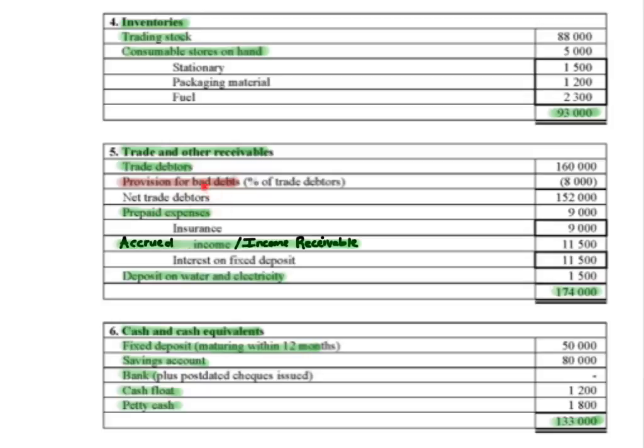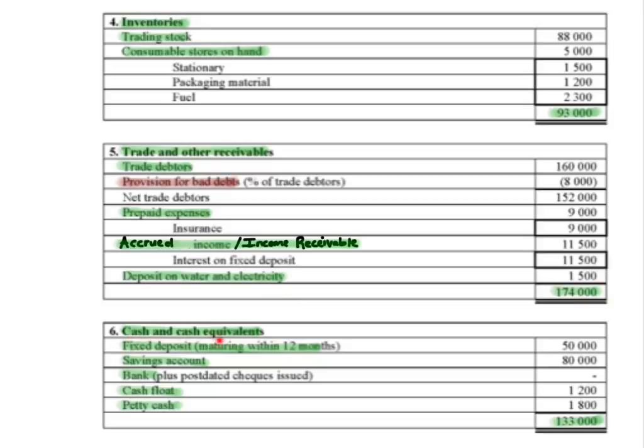So in other words, I only work with the net trade debtors. Then also my prepaid expenses, as well as my accrued income, or also known as income receivable. And then if there is a deposit on water and electricity, I would also add it to trade and other receivables. My total that I find here then is the total I take back to my balance sheet.